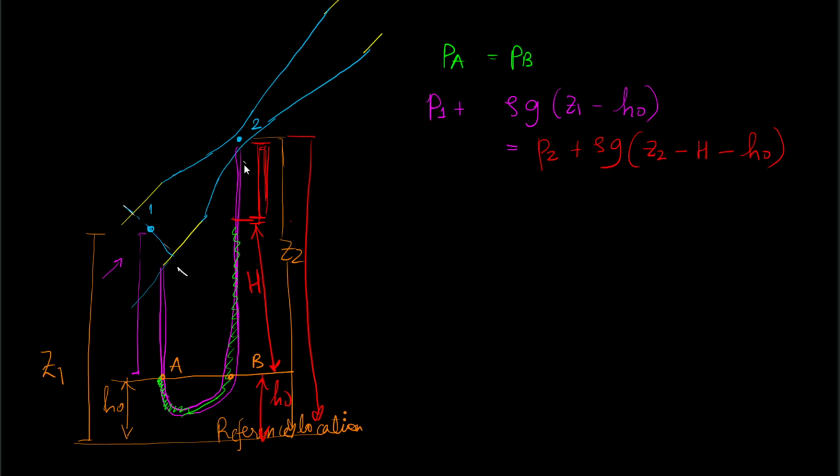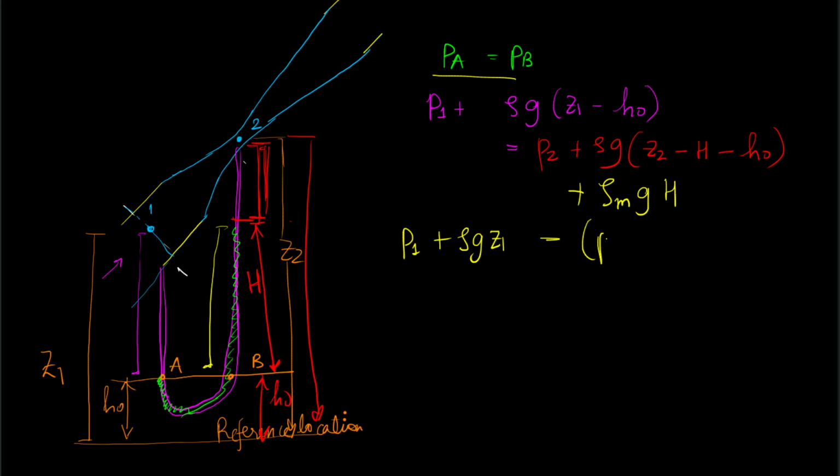This particular height is filled with the same working fluid which has a density of rho, plus the manometric fluid. So the manometric fluid has a height equal to capital H. So this will be rho m times G times H. And thus we have the manometric condition of hydrostatics, PA equal to PB. This gives us P1 plus rho G Z1 minus P2 plus rho G Z2.